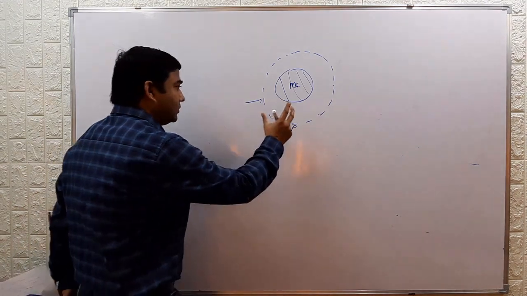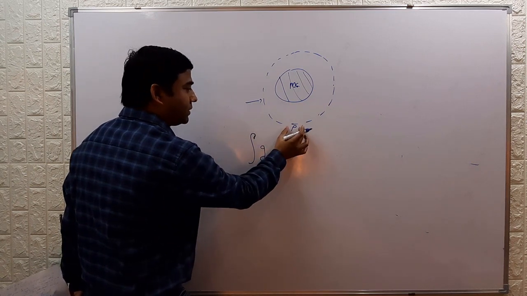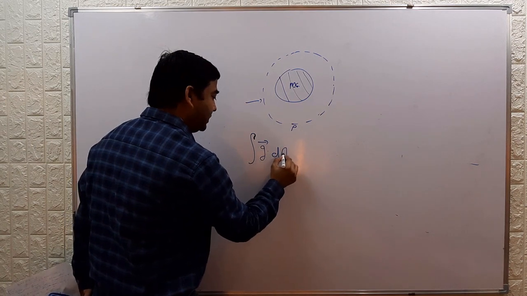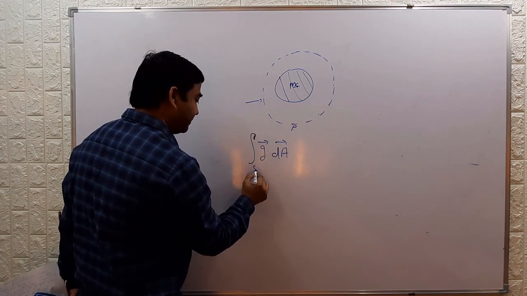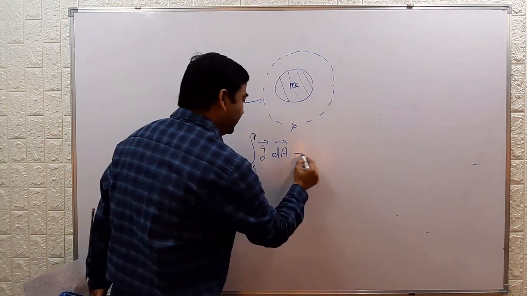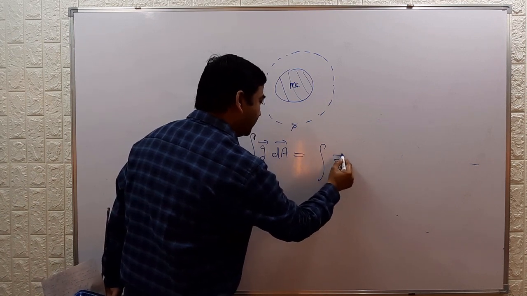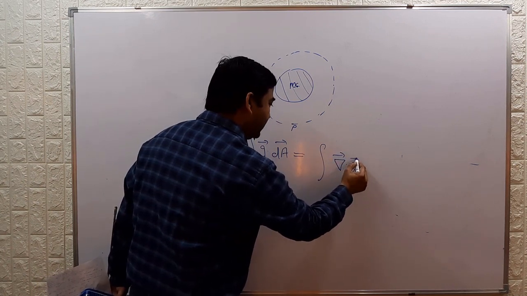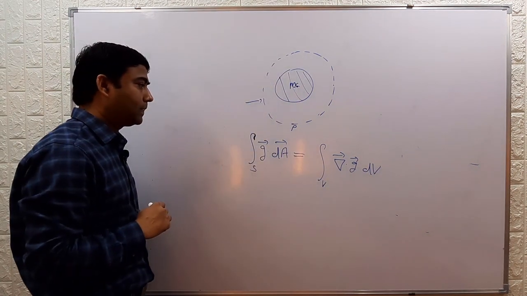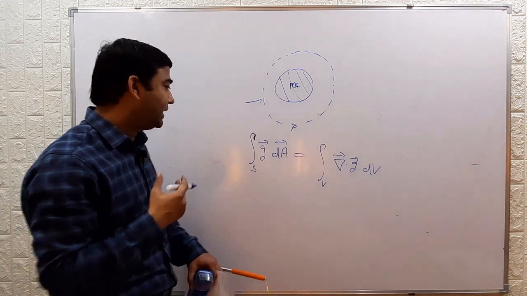So by Gauss's theorem, G is the gravitational field at point P. The integral of vector G dot dA, that is the net flux through this Gaussian surface, will be equal to the divergence of G in this volume. This is Gauss's law, which we can write for the gravitational field.